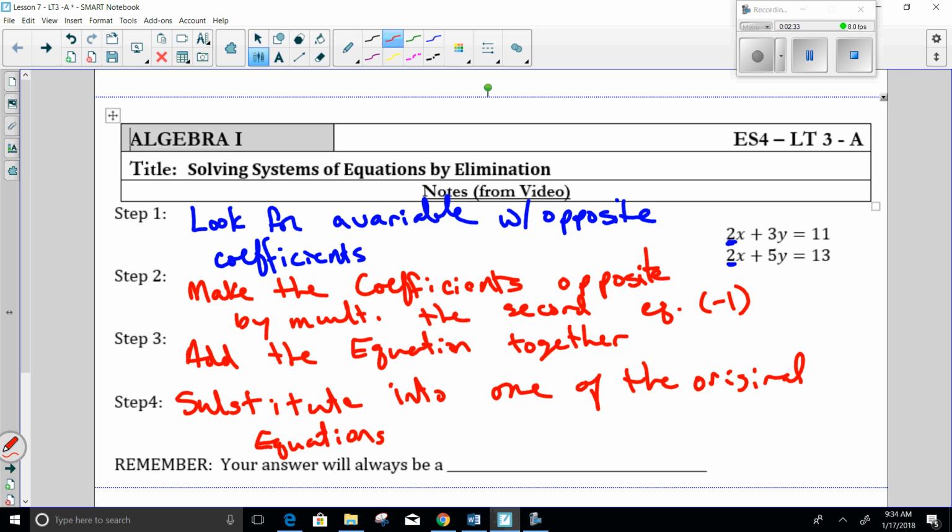And remember, your answer will always be an ordered pair. An example would be x comma y.